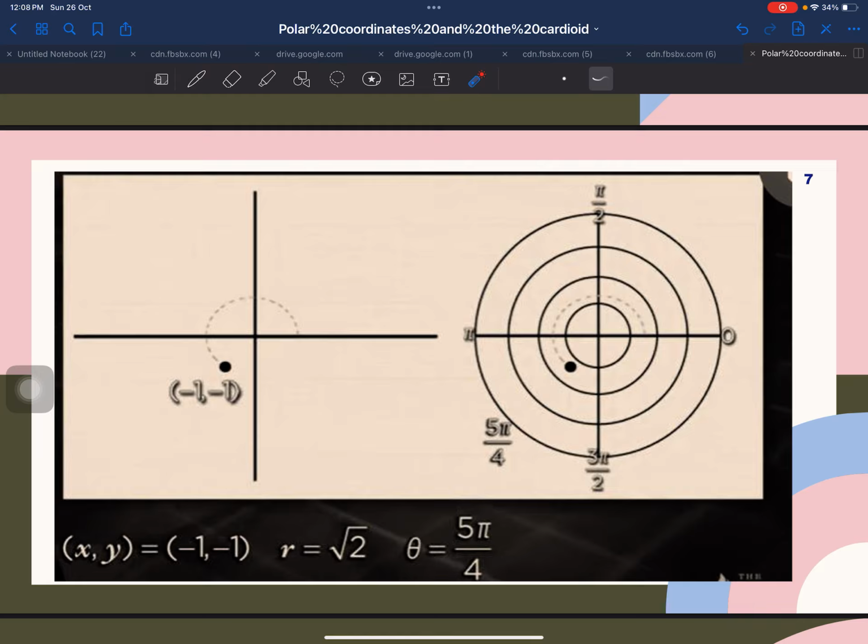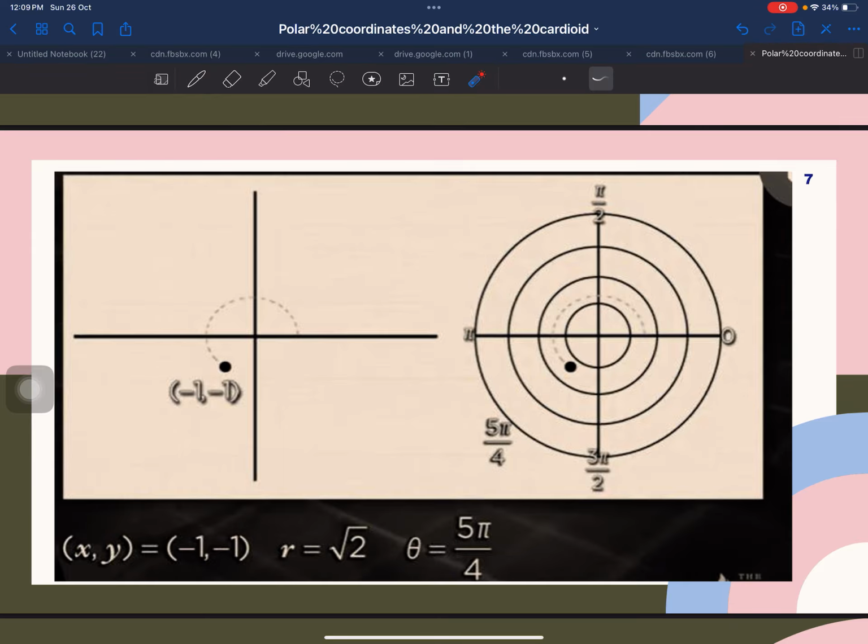So the polar coordinates of the point -1, -1 then are the square root of 2 and 5 pi over 4. Now I said that r was the distance from the point to the origin, but r can be negative, and sometimes they call that the directed distance. It's very common to have negative r values.